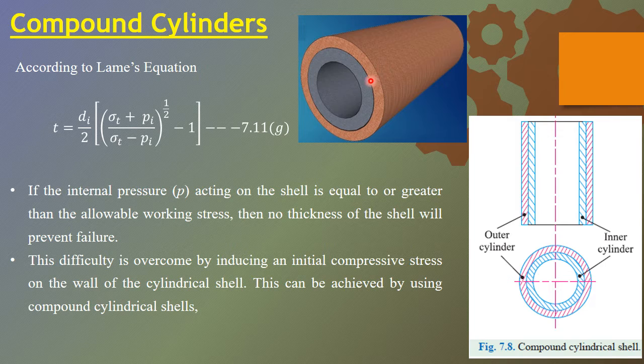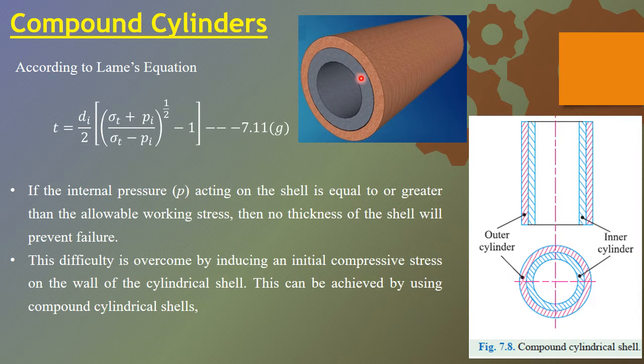This is the outer diameter of the outer cylinder, and here comes the inner diameter of the outer cylinder. This is the outer cylinder, and this is the inner cylinder.